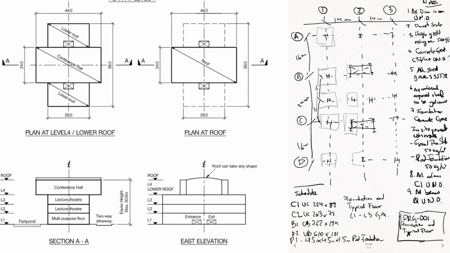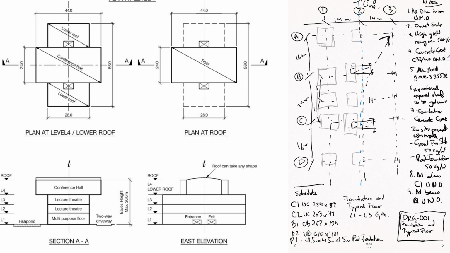So you can see in this case, for example, we got the foundation and typical floor, level 1 to level 3. On the left hand side I have all the foundations, then a symmetry line right in the middle, and to the right hand side, anything that is related to the level 1 and level 3 general arrangement, which is basically the columns, slab, and wherever there are voids.